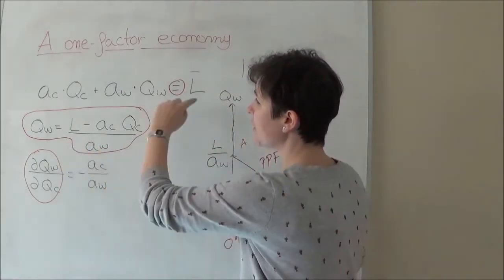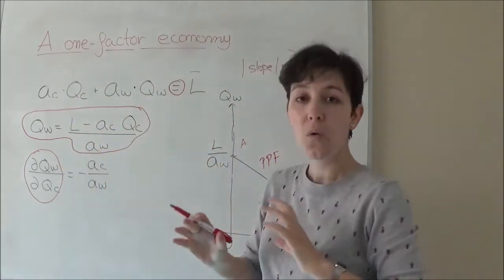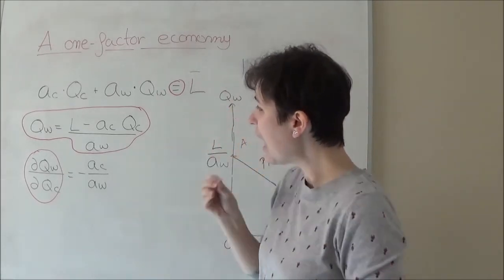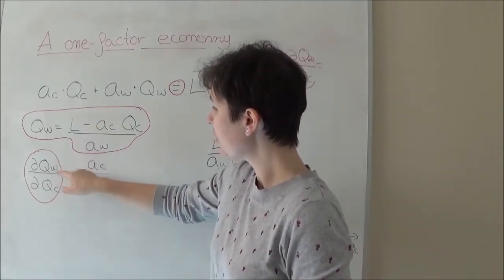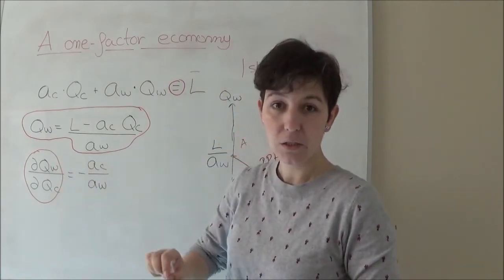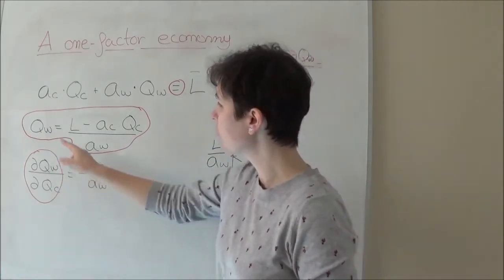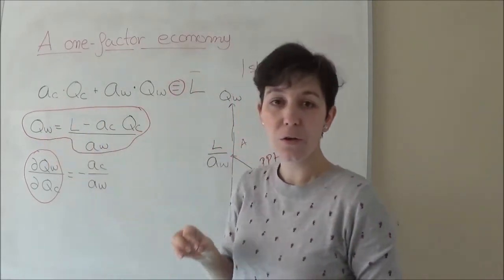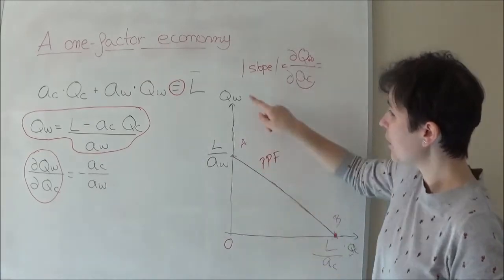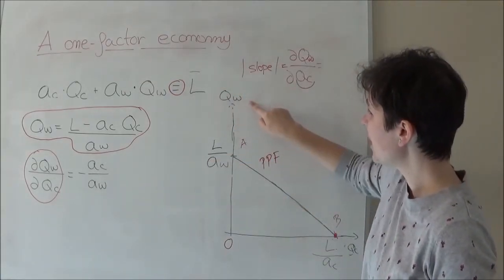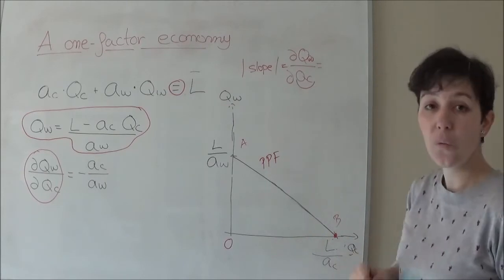So we have this general expression where it's connecting everything, but we want to know the relationship between the quantity of wine and the quantity of cheese. To get that, we need to isolate from this general expression the quantity of wine. Why? Because that is the slope, okay? How does this variable change when this increases in 1 unit?